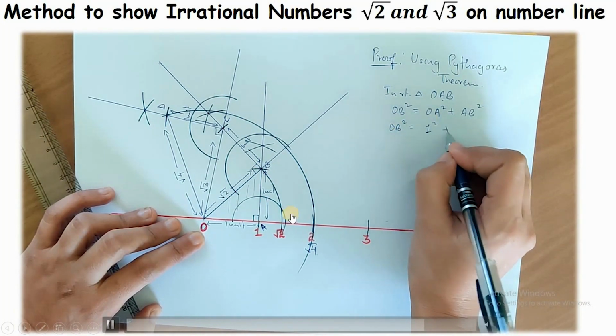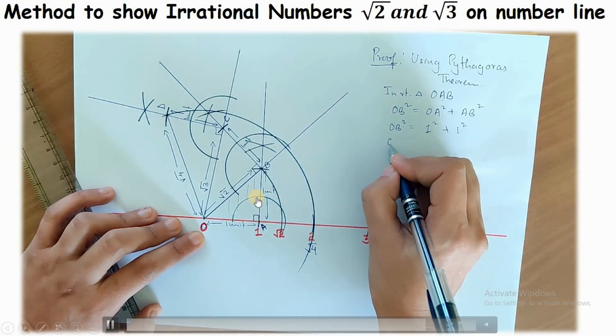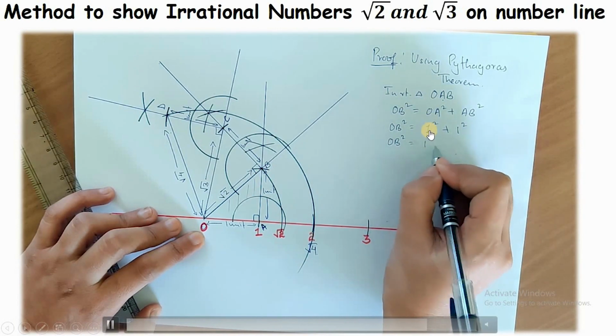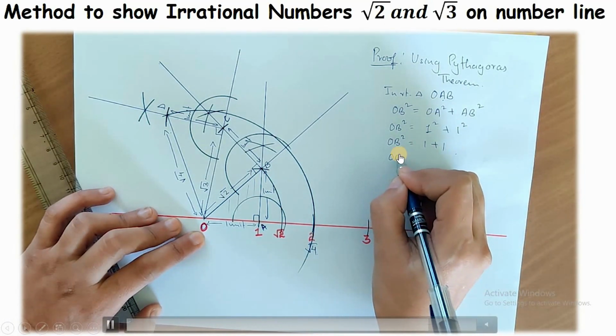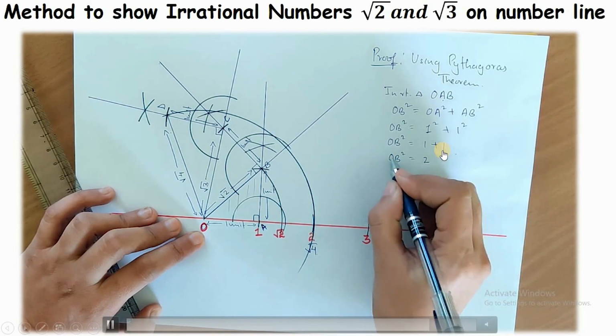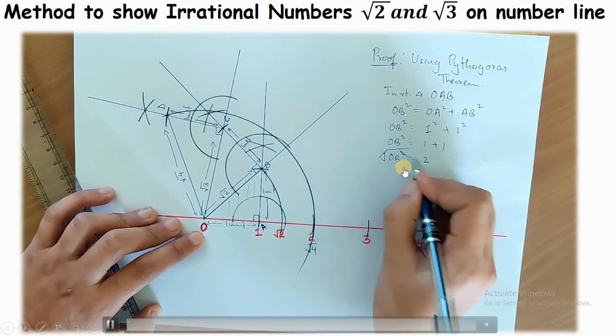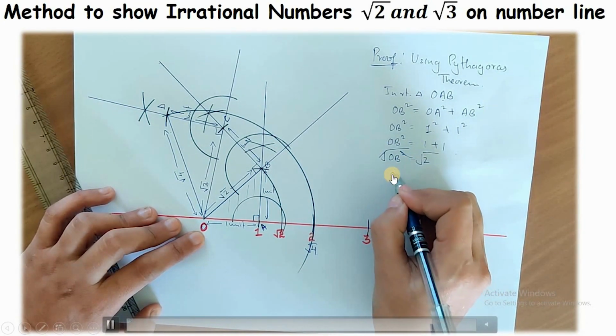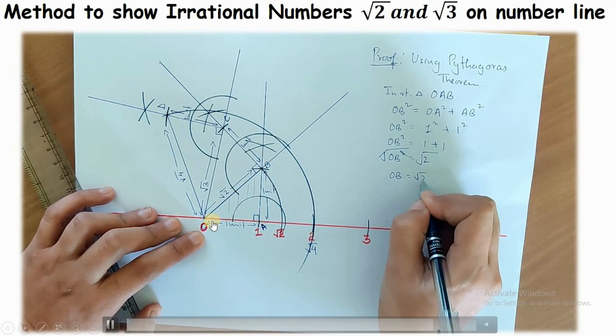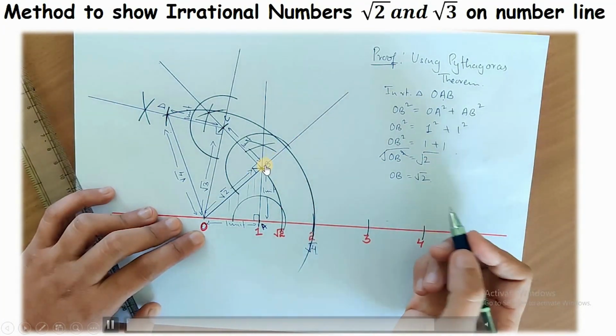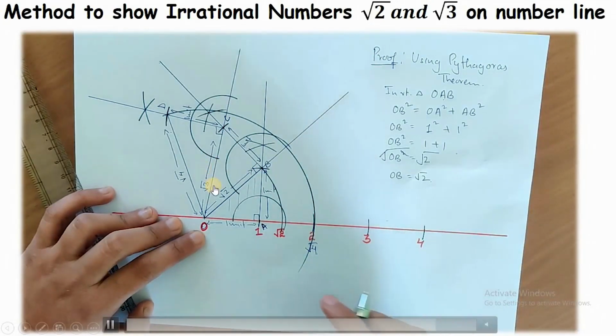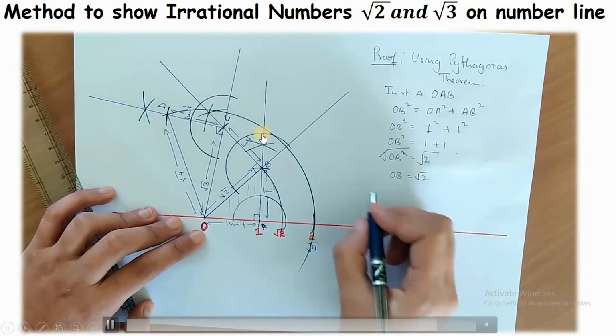OB square equal to OA is 1 unit and AB is also 1 unit square. 1 square is 1 plus 1 square is 1. Therefore OB square equal to 1 plus 1 is 2. So we'll take square root on both sides. Therefore OB is equal to square root of 2. Hence proved. Again we'll try to prove the square root of 3.